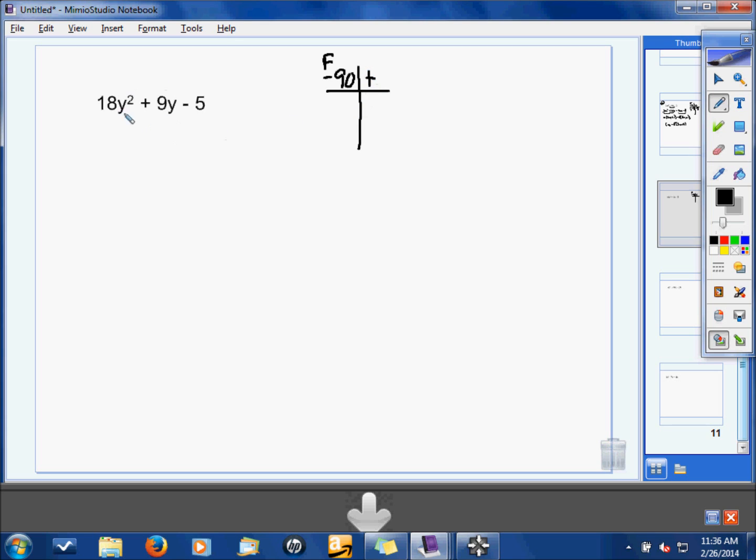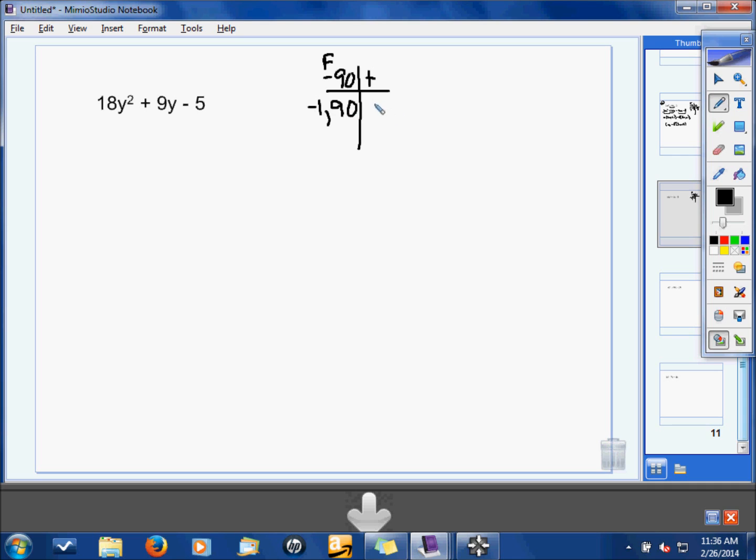All right, now we have a positive in the middle. So should we be looking for the bigger number in the factors to be positive or negative? Positive. It's positive because when you add a positive and a negative, the positive is bigger. So let's check negative 1 times 90.